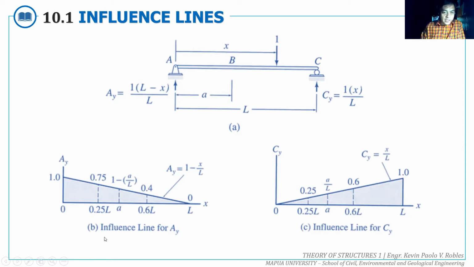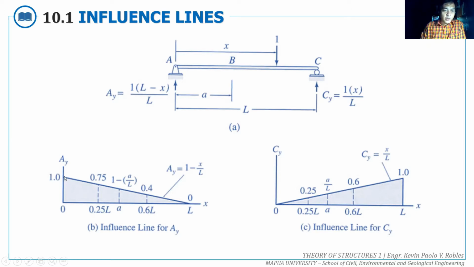Okay, so as you can see, this is the influence line for A sub Y, or this is the influence line for the reaction at A. So as you can see, at X equal to 0, the reaction at point A when the unit load is at point A is equal to 1.